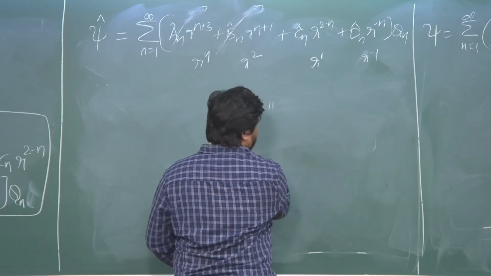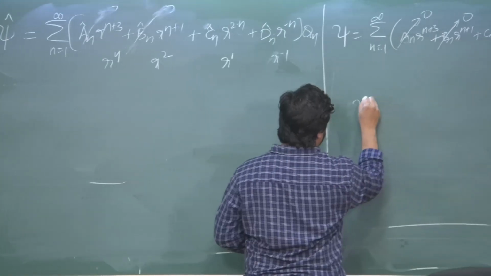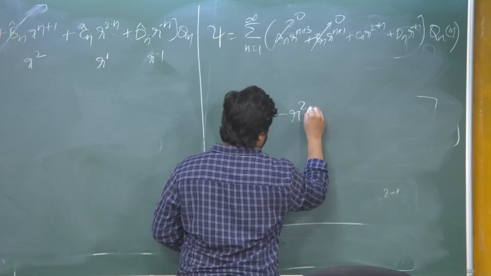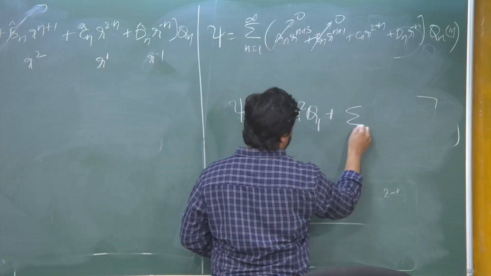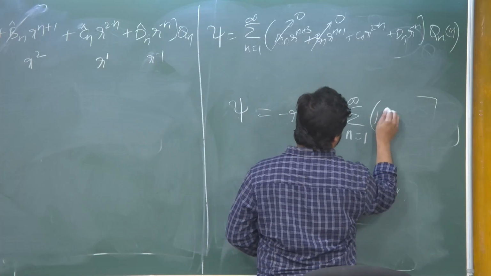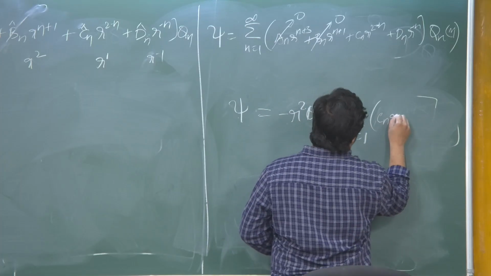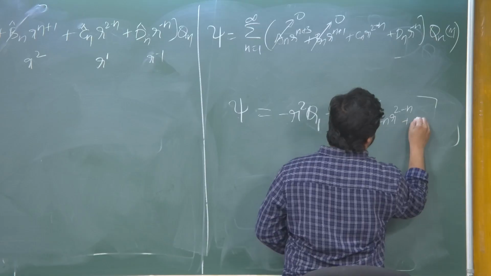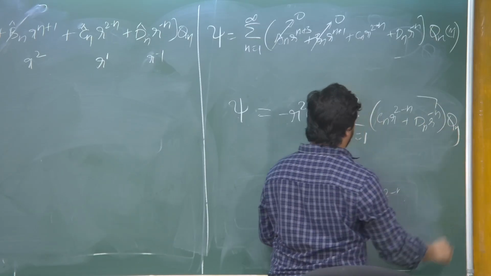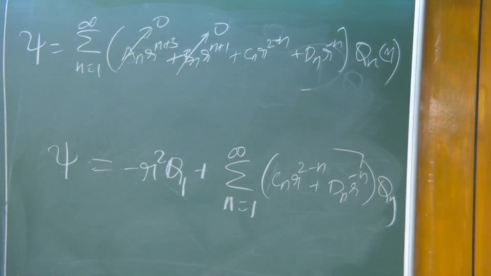So, with this step my equation will become phi equal to minus r square q1 plus summation n equal to 1 to infinity Cn r power 2 minus n plus Bn r power minus n into Qn, if you remove all the a and bn's.